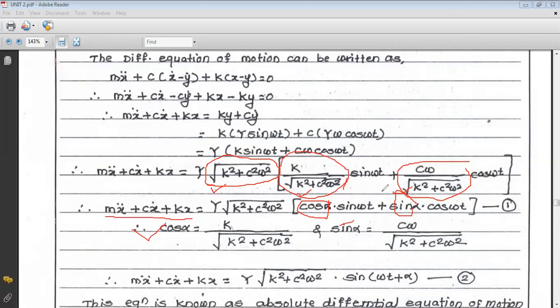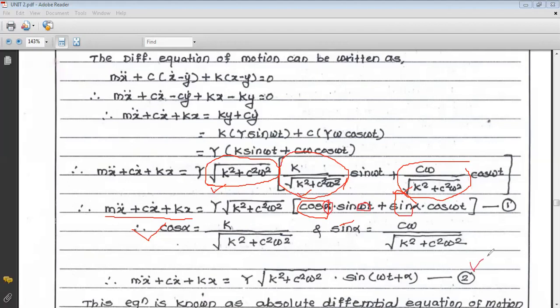Now we know that sin A cos B plus cos A sin B is nothing but sin of A plus B. So our term becomes mx double dot plus cx dot plus kx, the left hand side the same, is equal to Y square root of k square plus c square omega square into sine of, where the A term is omega t and the B term is alpha. So sin A plus B becomes sin of omega t plus alpha.